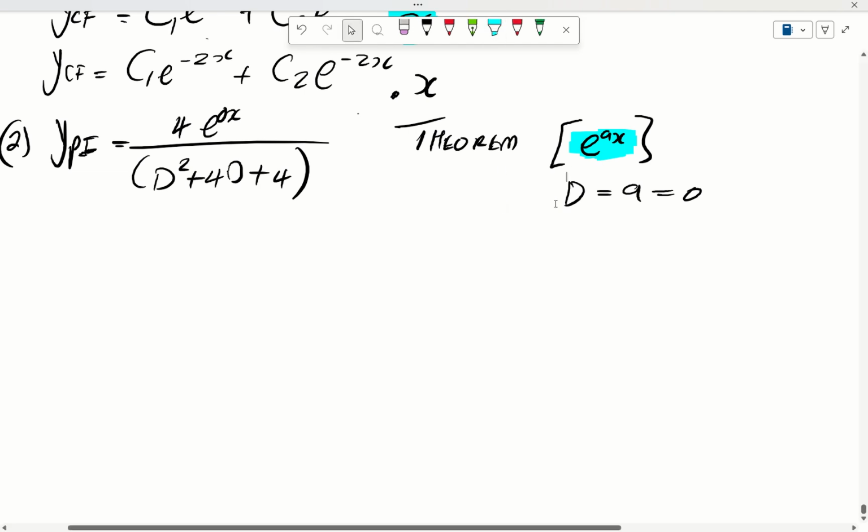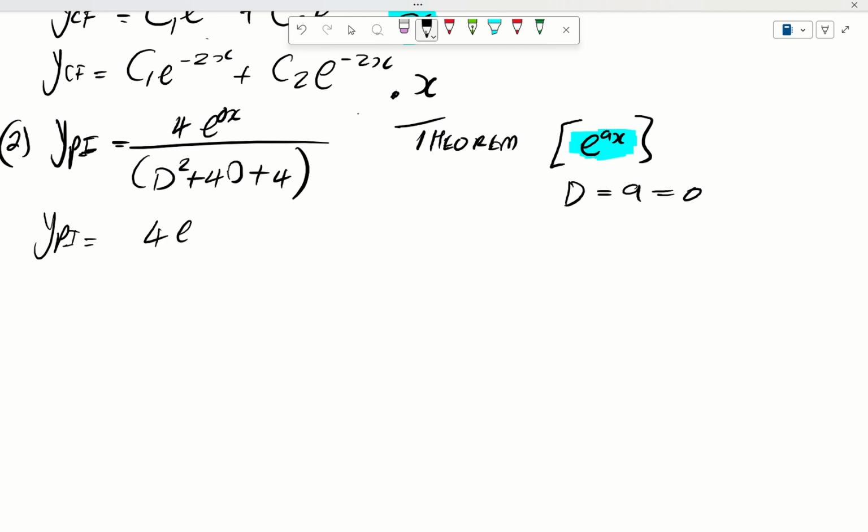I'll present your study guide. If you go to your study guide, you'll see the theorem that says e to the power ax, where D is equal to a. That's the theorem that you're going to use. So we come here and say ypi is equal to 4e to the power of 0x over D squared plus 4D plus 4.